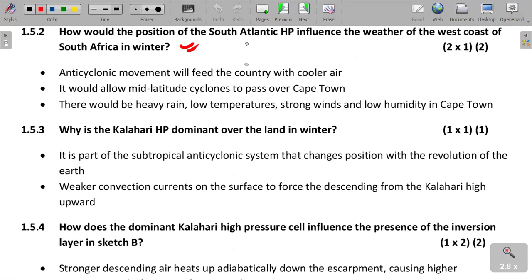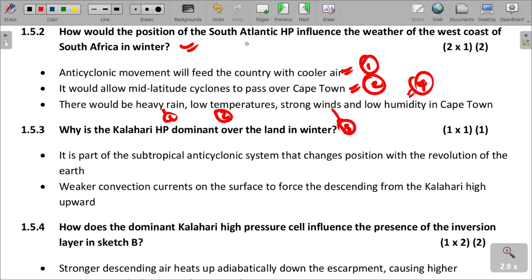Anticyclonic movements will feed the country with cooler air. One, cooler air will be fed there. Two, it would allow mid-latitude cyclones to pass over Cape Town again. And then there will be heavy rain, low temperatures, strong winds, and low humidity in Cape Town.